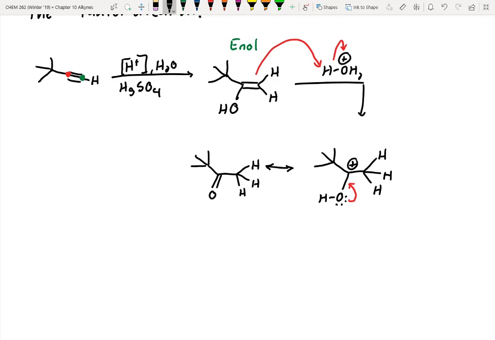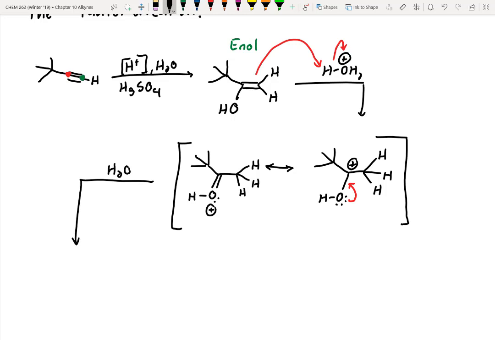Now we've got an oxygen carbon double bond. That oxygen now is sharing that partial positive. We still have water floating around too. And what's our last step going to be? Yeah, just deprotonation.